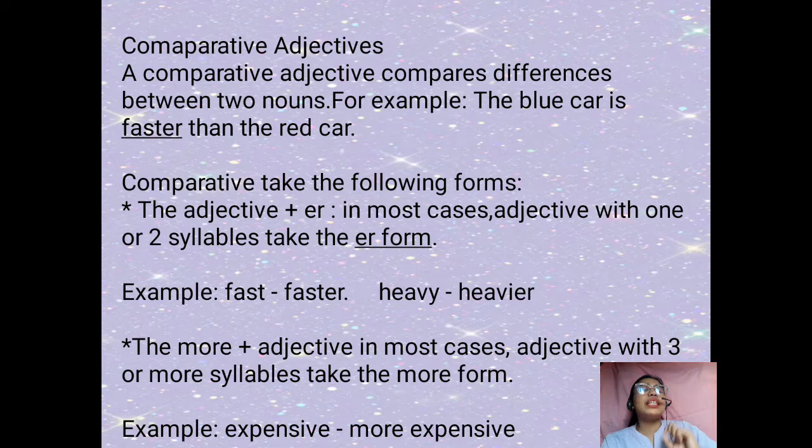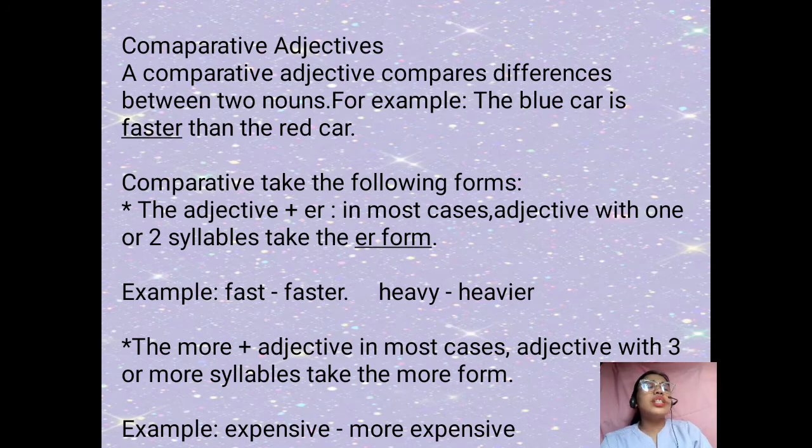The word heavy, it has two syllables. Okay? That's why we add er too. So if you notice, we change y into i and we add er. So if the adjective or describing word ends with y, we're going to change y into i and add er.